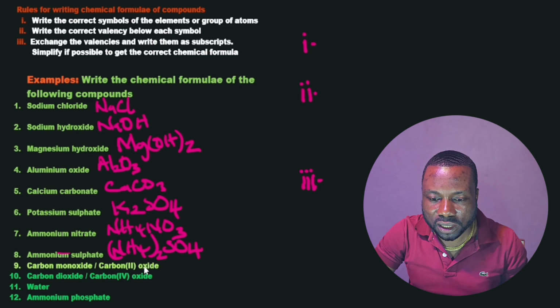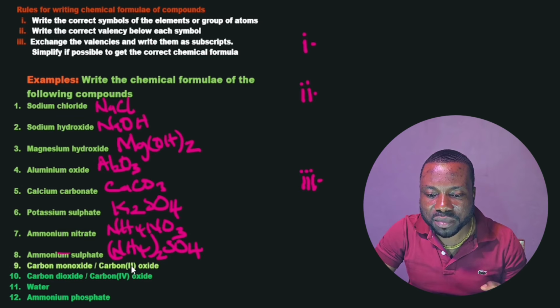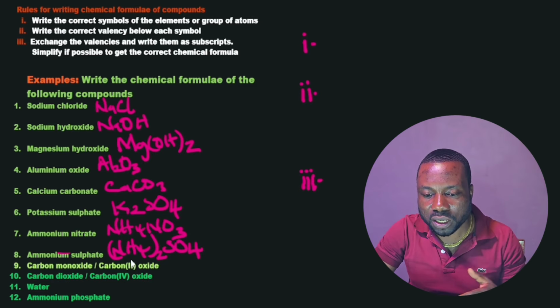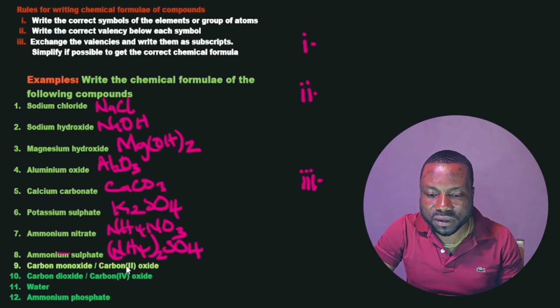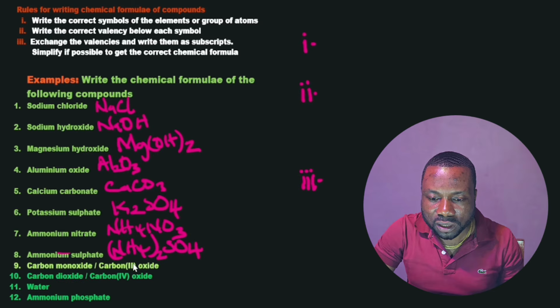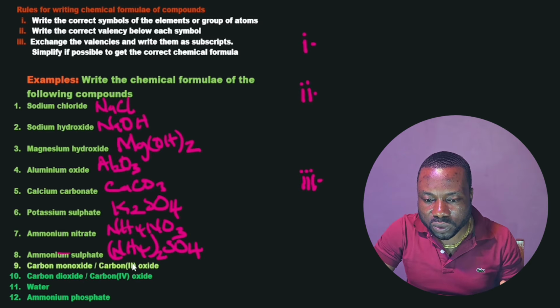Whenever you see the name of a compound written like this, and you see in bracket a Roman numeral, that number inside the bracket is the valency that the element has used to combine with the other element. Which means that in this situation, carbon, instead of using the valency which we already know, is using the valency of 2 here to combine with oxygen.